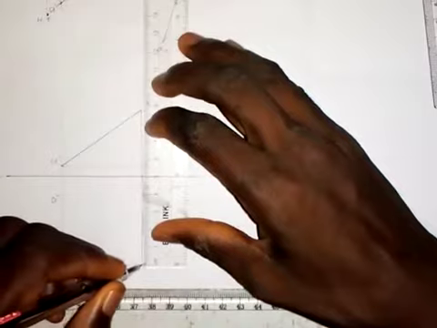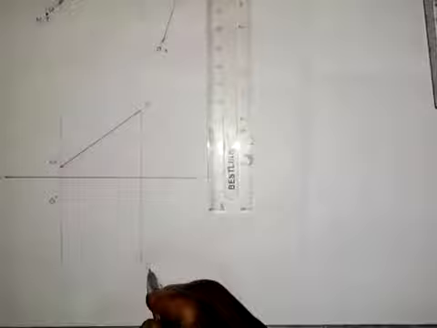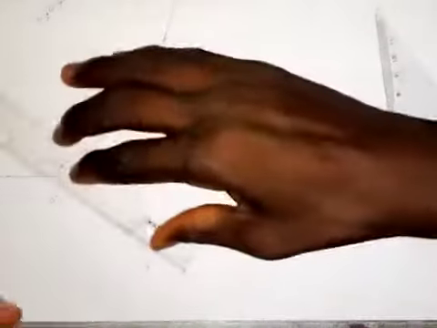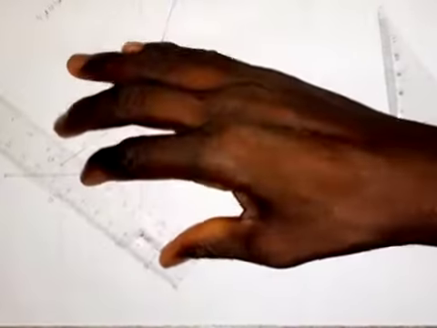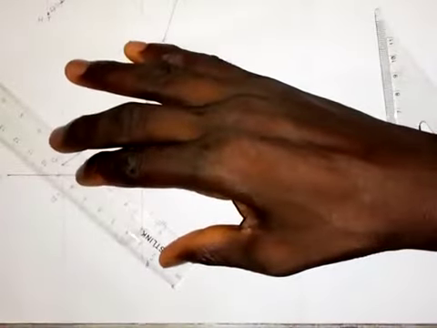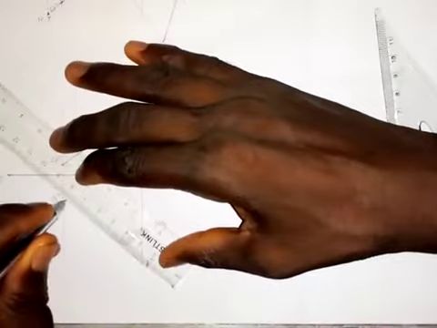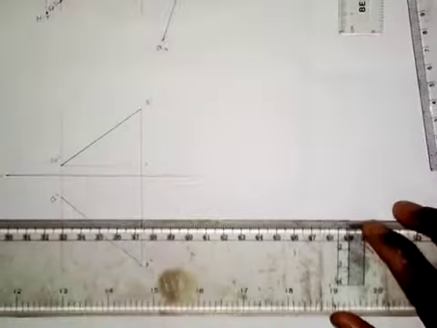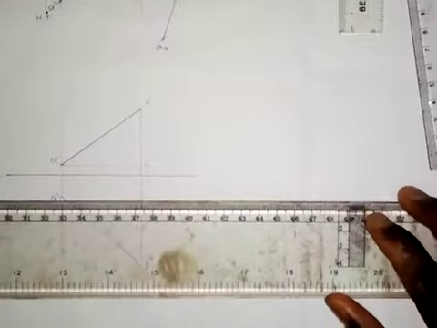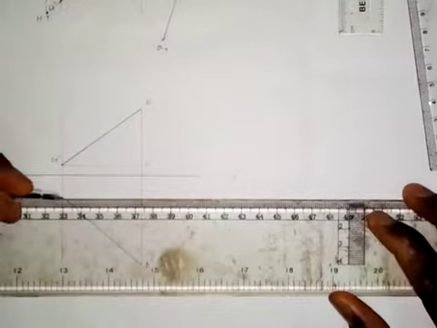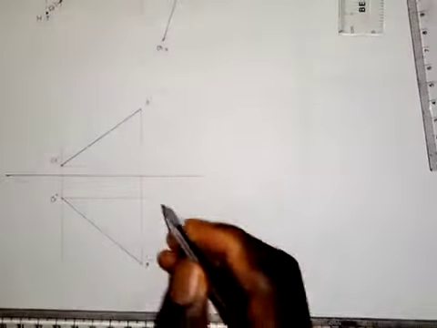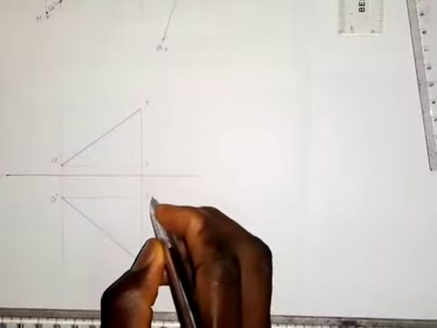So this is 50 millimeters from the XY line. So this is point B2. Here I will join A2 and B2 together to form the plan of the line. So this is the plan. Then I will draw a horizontal line from A2 to this side, and I will call this point C2 here.